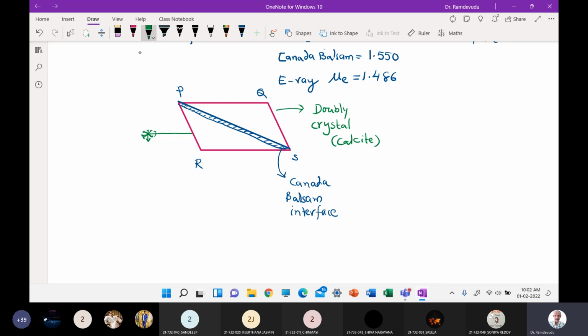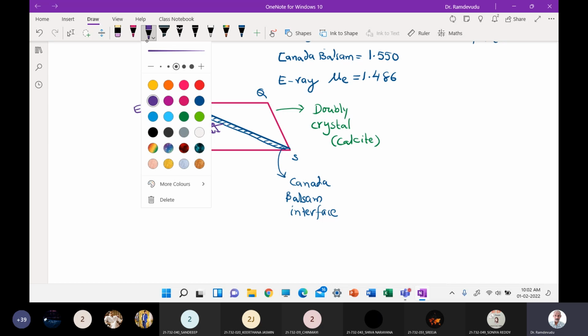Therefore the light which has fallen on it will be splitting into two rays, and I am representing the two rays by two different colors. Suppose this is the one ray having vibrations parallel, and we call it the E ray, having vibrations parallel to the principal section.